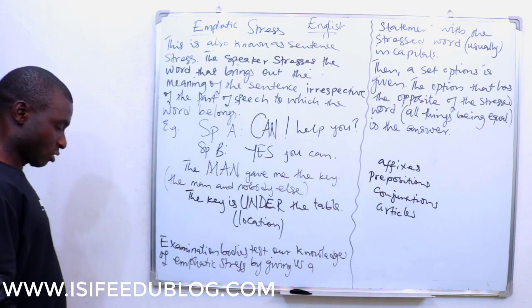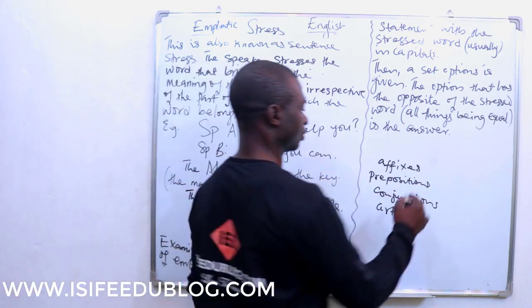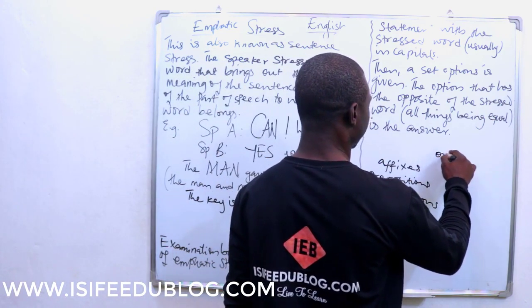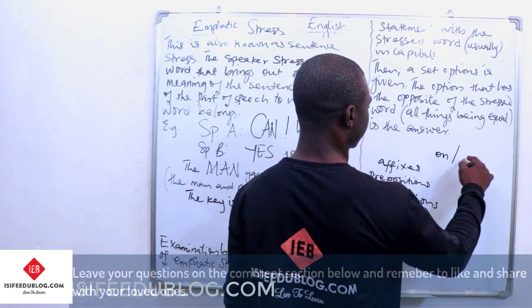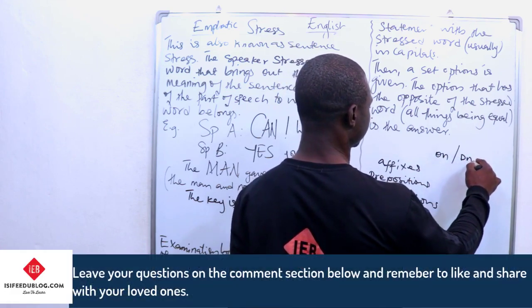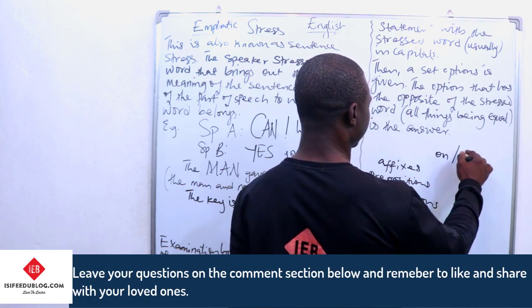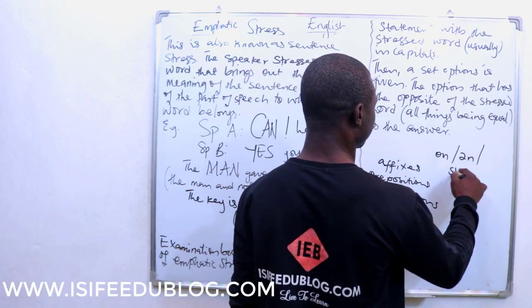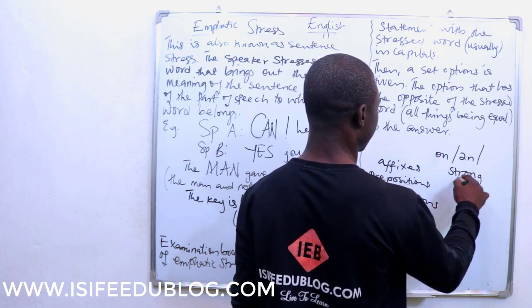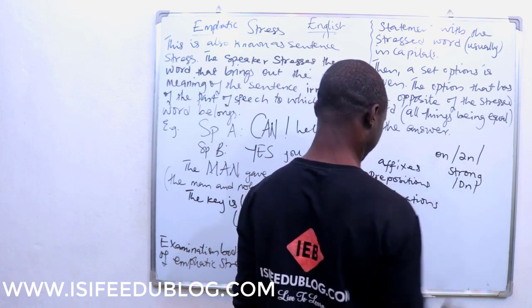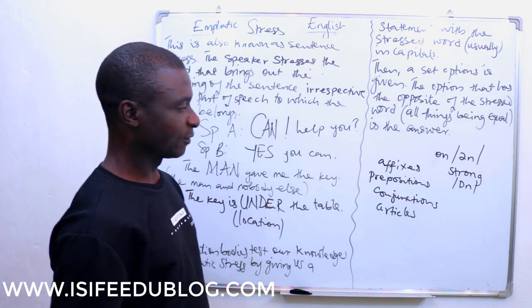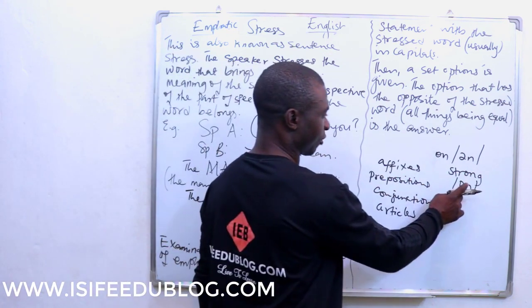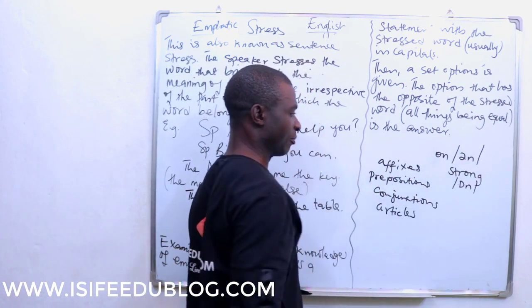Now, what I mean is this. If you have LN, you have 2 transcriptions. Usually, they'll give you this one, then a good dictionary will write strong, and will give you this one. This is the strong form, this is the weak form.